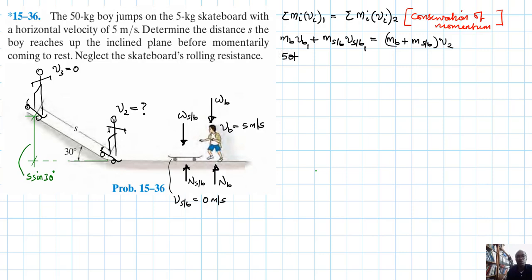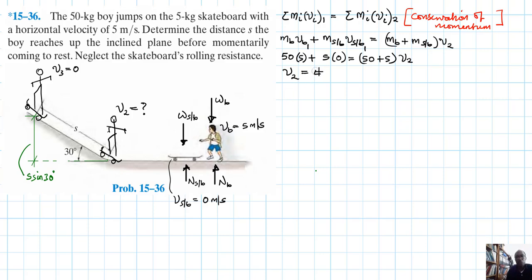So we have 50 by 5 plus 5 by 0 equals 50 plus 5, then v2. Making v2 the subject of the formula, this is just going to be equal to 50 by 5 divided by 55.